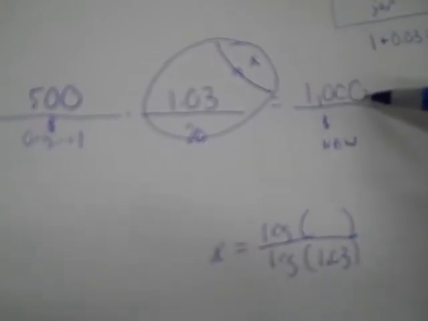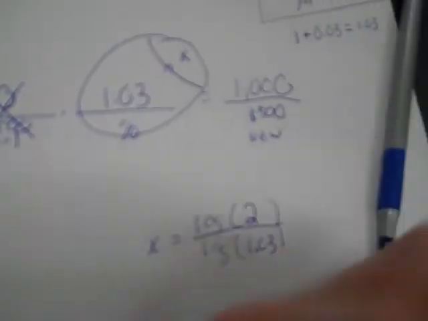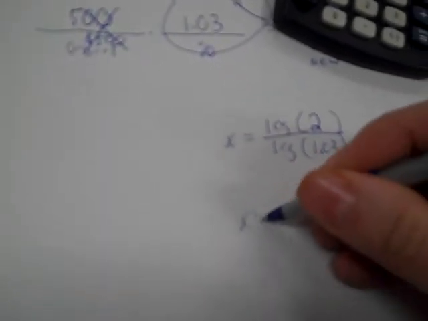Now, don't put 1,000 because we have this 500 here that we need to divide. Okay, and 1,000 divided by 500 is 2. So I take log 2 divided by log 1.03. Gives me 23. Okay, so X equals 23, so it takes 23 years.